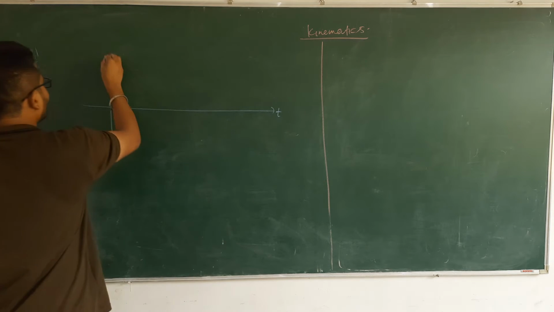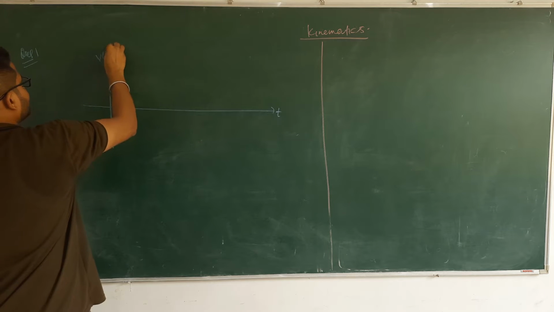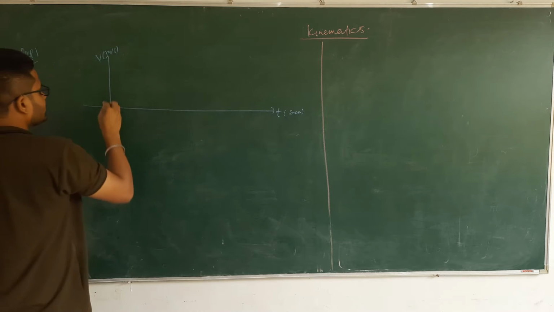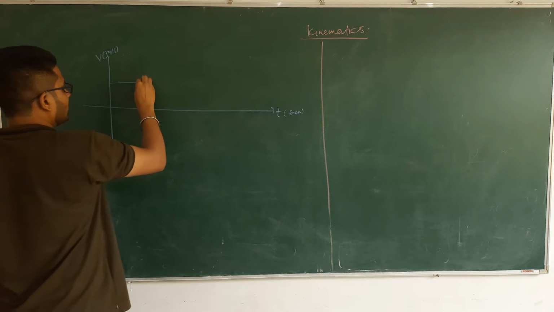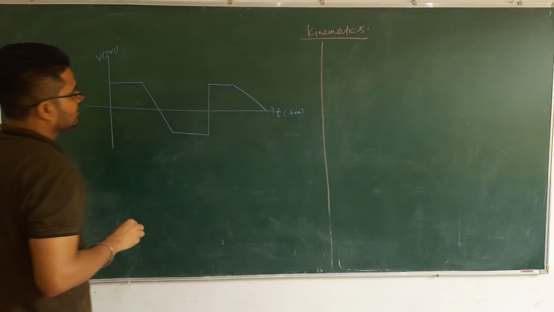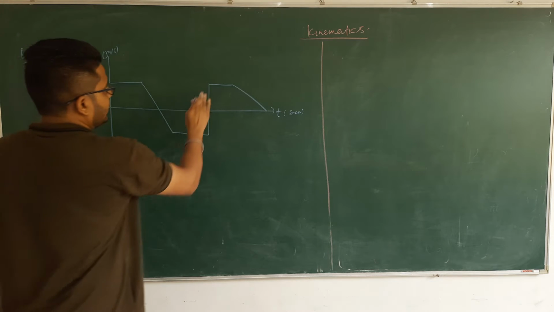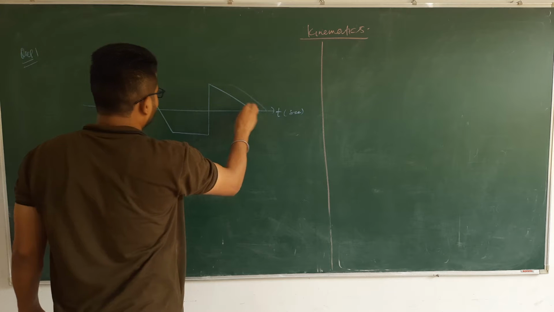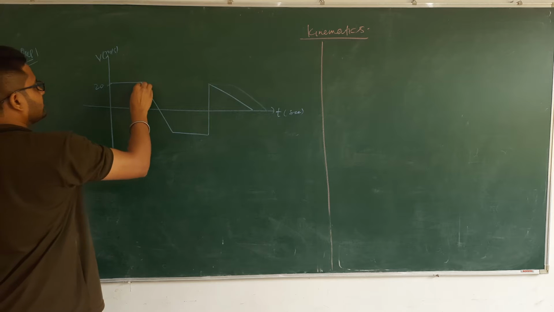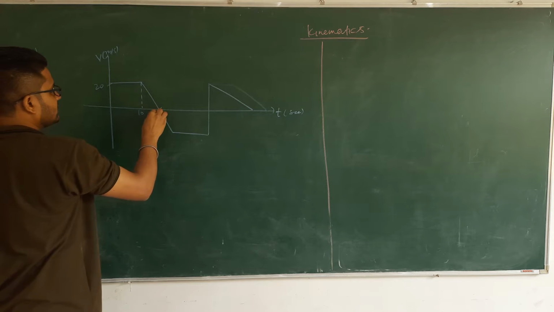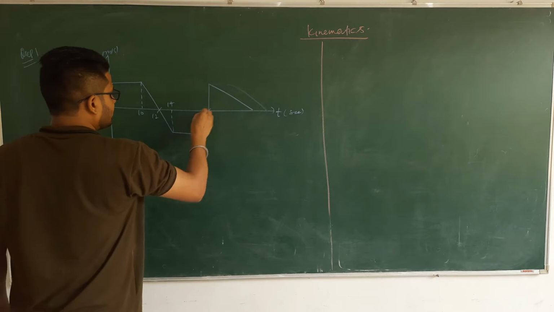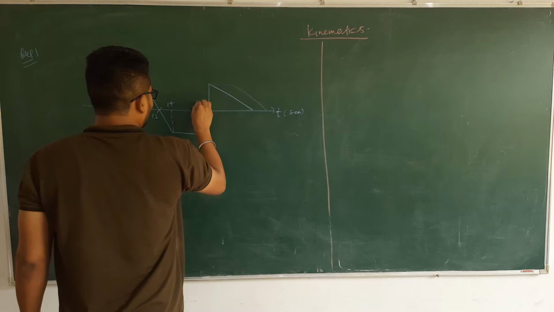this is T, this is V in meter per second. Okay, this is T in second. Okay, beta. So this type of graph, we have a VT graph, and this is 20 and this one is 10 and this one is 12 and this one is 14 and this one is 18.